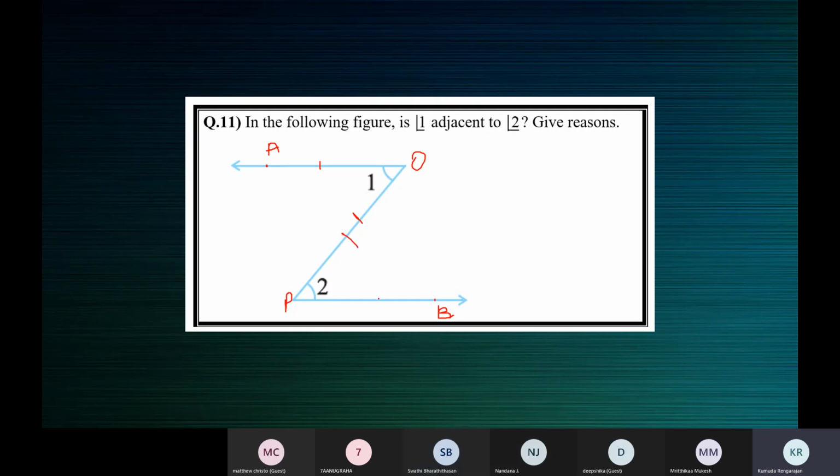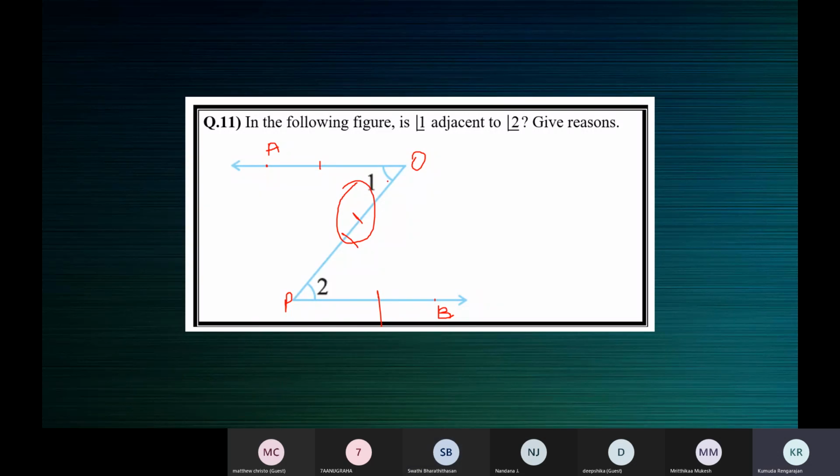PO and PB, these two. So OP is the common arm. And the non-common arms OA and PB, do they lie on either side of the common arm? See, one is on this side, one is on this side.